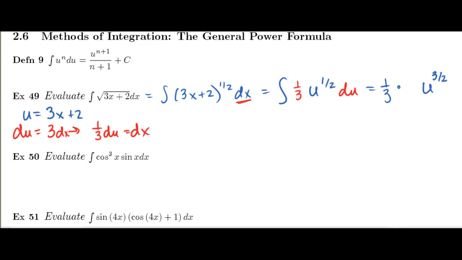We'll get 3/2, and instead of dividing by the 3/2, it's a lot easier to think about multiplying by the reciprocal, 2/3. And then we have our plus c, and the final step, we substitute that u back in. So we have 2/9, and then our u was our 3x plus 2, and now we have it to the 3/2, plus c.